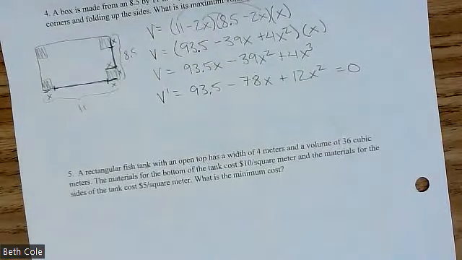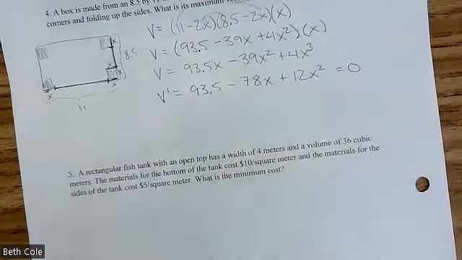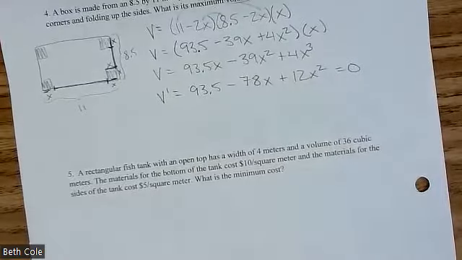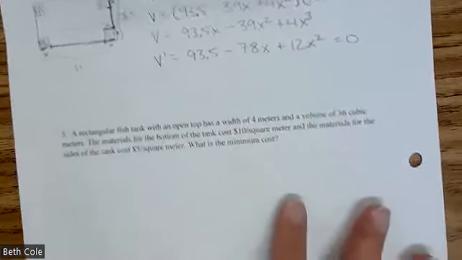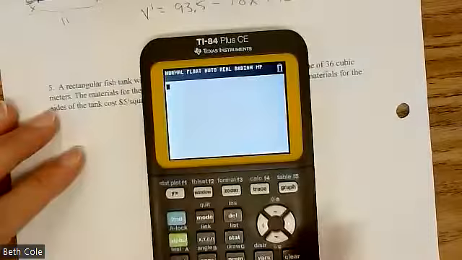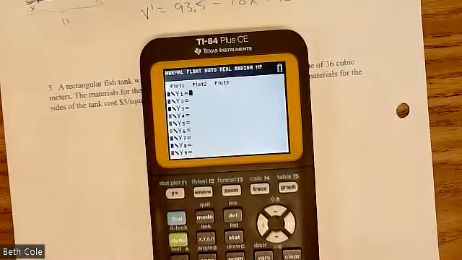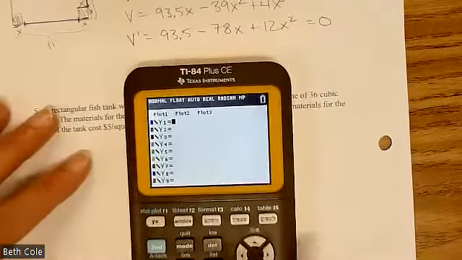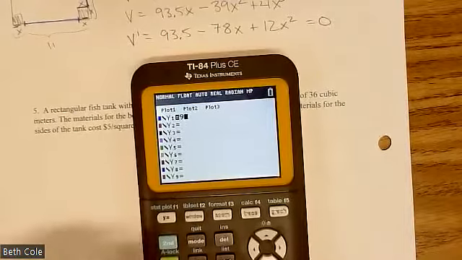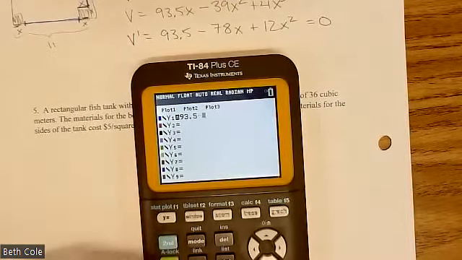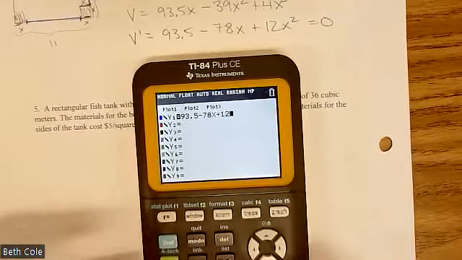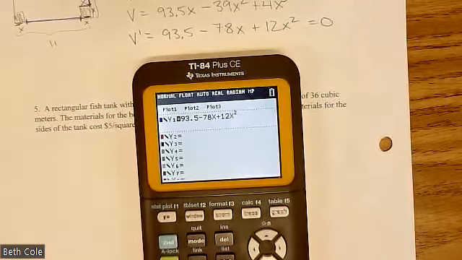Now here's why you need the calculator. That doesn't factor. You know how you would usually just draw your parentheses and split it apart? That's not going to factor. So what we're gonna do is use the calculator. So go ahead and go to y equals. If there's anything in there, clear it out. And you're gonna type that in instead. And I would hit zoom 6.